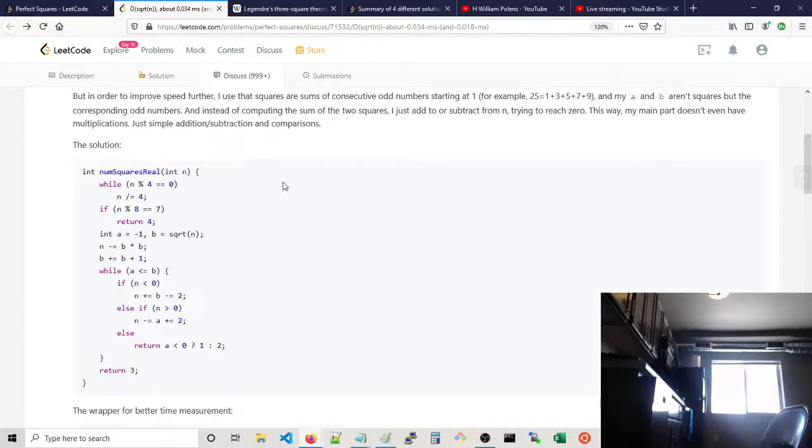So really, all you're trying to figure out is if n... Now, I guess the thing that's kind of funky is once you've removed all of the powers of 4, that's a little weird because it's like you've kind of changed the value of n quite a bit, haven't you?